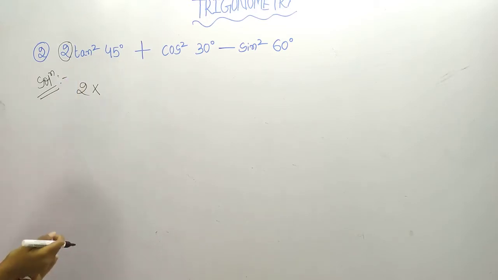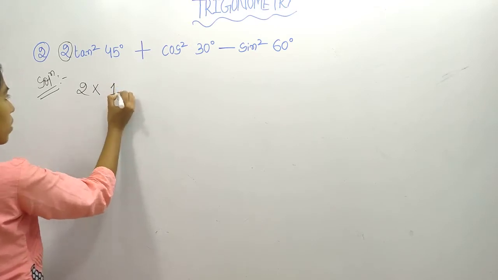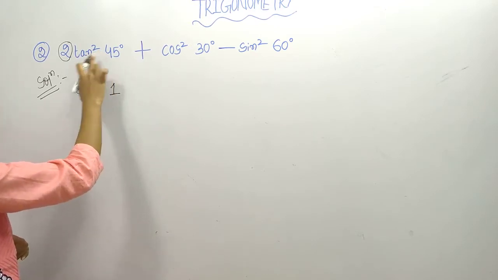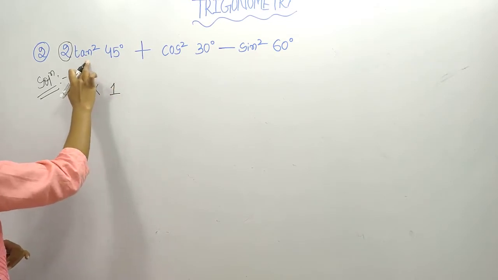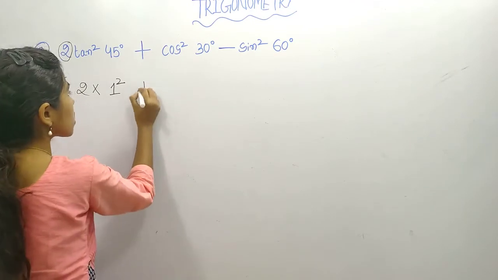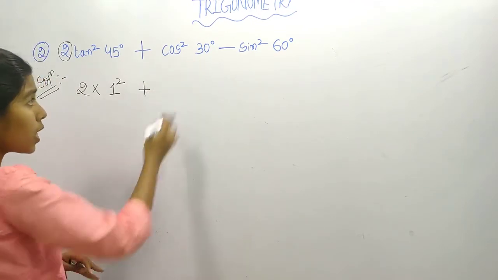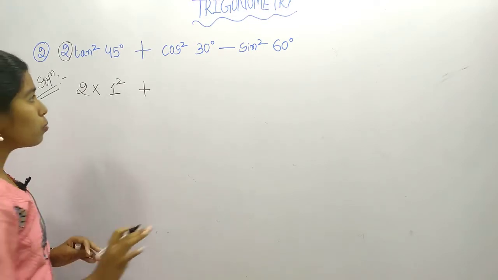Tan 45 degree value is 1. We already know that. But here you can see tan square. See, tan 45 degree value is 1, but here it is given tan square. So 1 square. Plus cos 30. Cos 30 value is how much? Root 3 by 2.